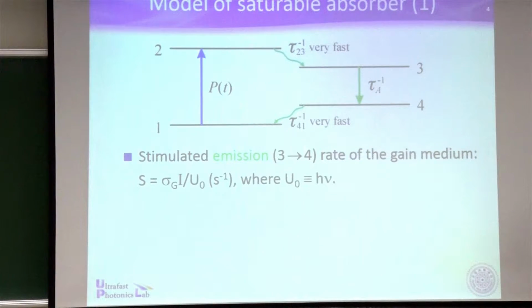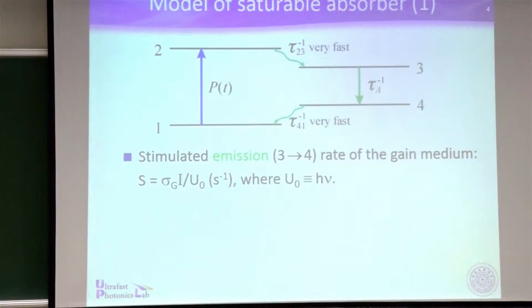In lesson 1, we defined the stimulated emission rate of the gain medium in this way: S, stimulated emission rate, equals sigma g, the effective cross-sectional area, depending on the material, times I, the light intensity, over U0. U0 is defined here, single photon energy. And this is the so-called stimulated emission rate.